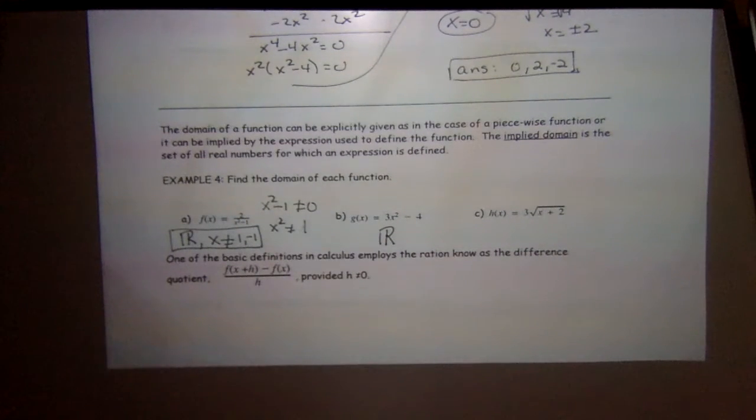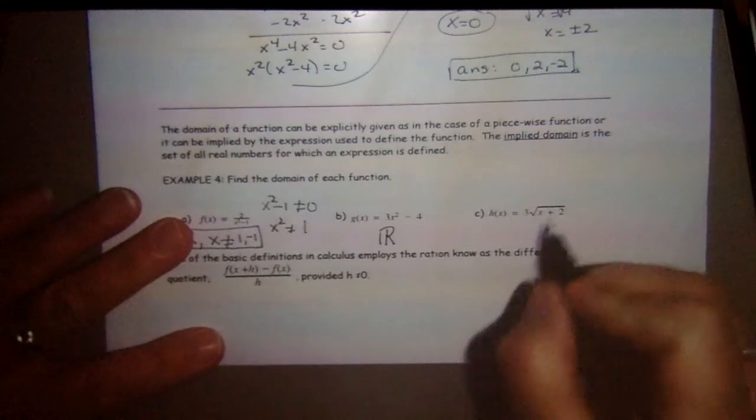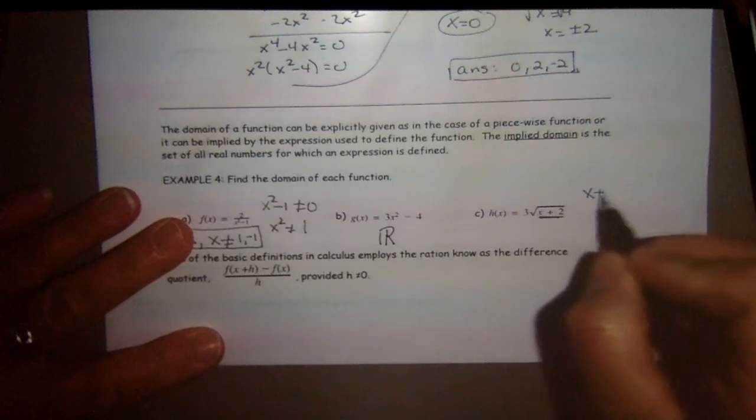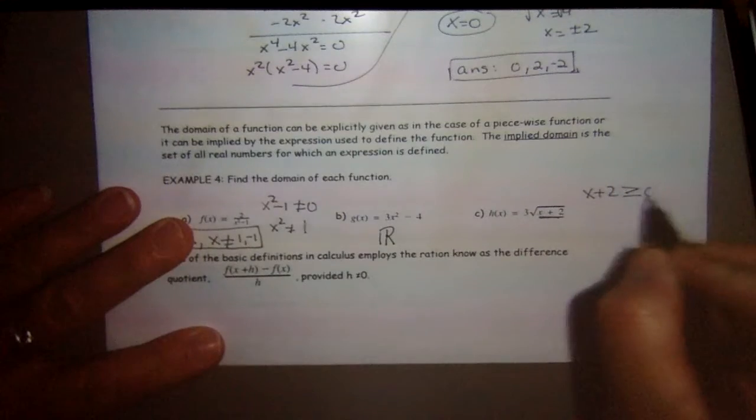So we have restricted domains when we have fractions. We also have restricted domains when we have square root functions. What can't I take the square root of? A negative number. Can I take the square root of 0? Yes, the square root of 0 is 0. So what's underneath here has to be greater than or equal to 0.